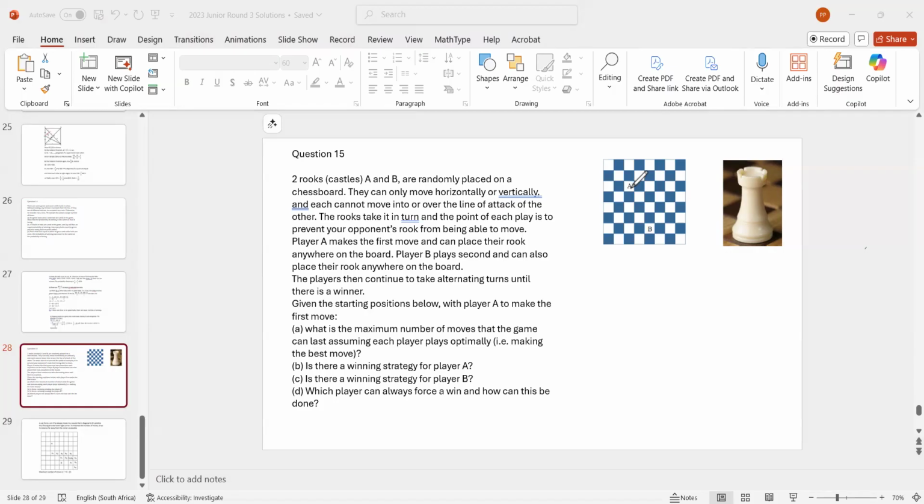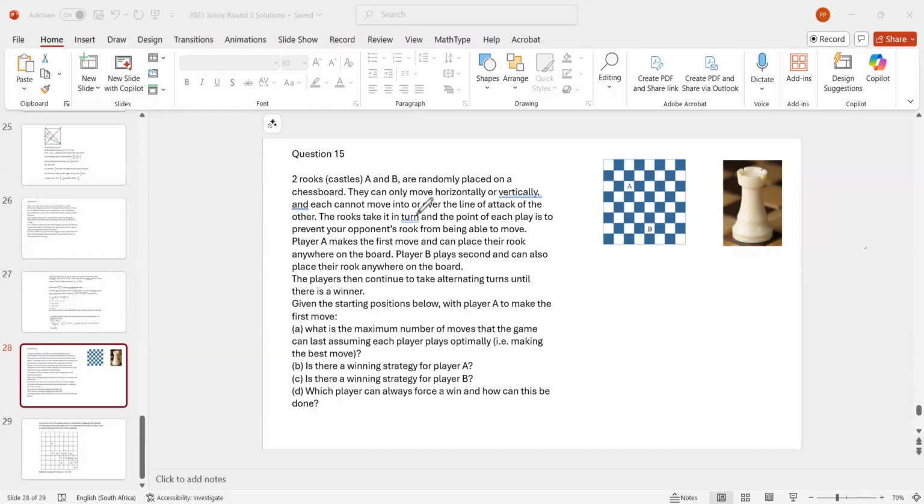A, there are two people who are playing. A places his rook here, and the opponent places his rook here. Right, now they start. Now A makes the first move. Now these rooks, once A makes a move, it says here that, I'll just read this thing.